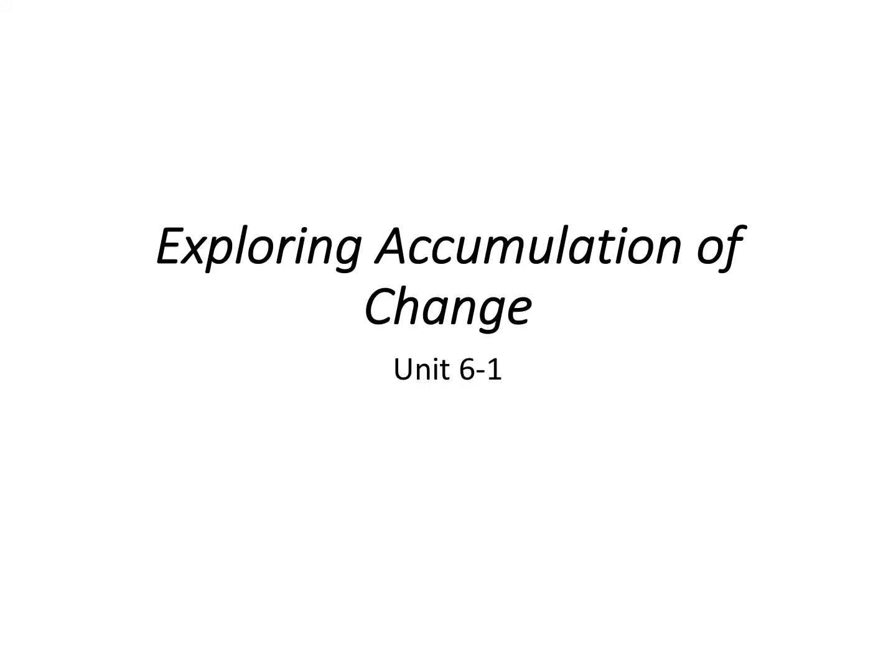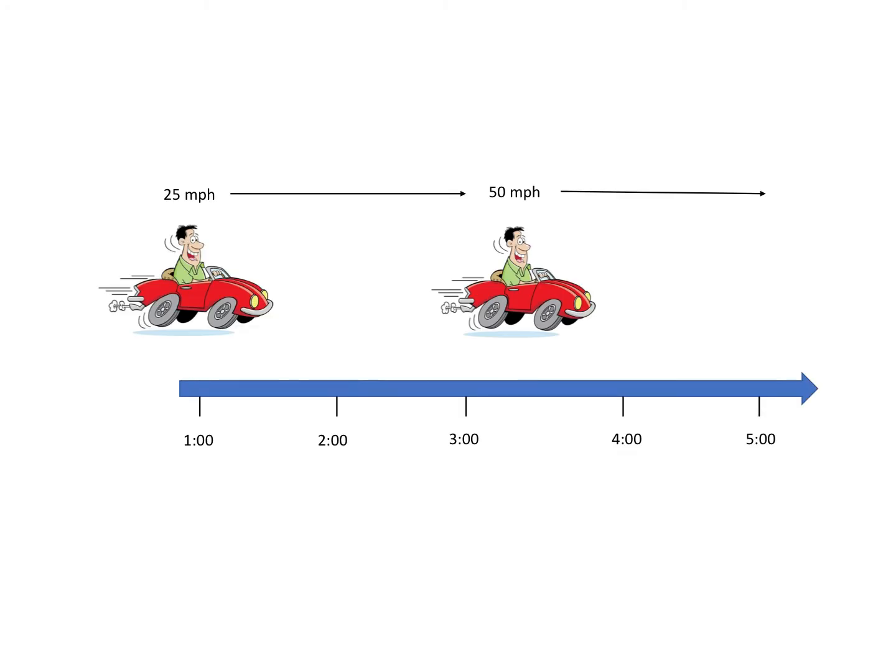Today we're going to begin our discussion of Unit 6-1, Exploring Accumulation of Change. So let's say we have a car going down the road at a constant speed of 25 miles per hour. And he continues at this constant speed until 3 o'clock.